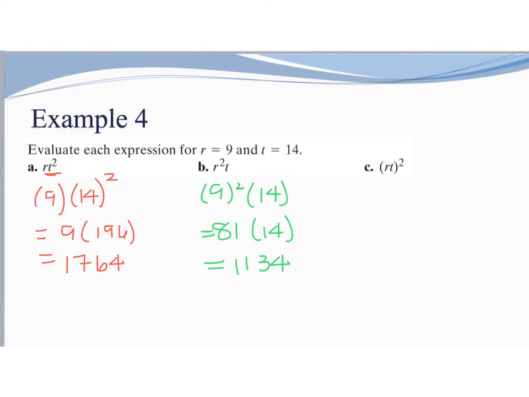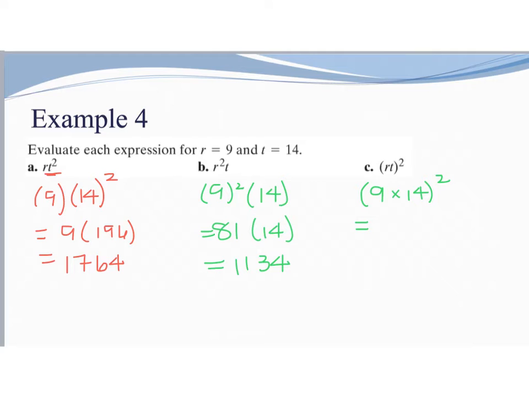1,134. Now for my final part, which is part C, I see that my r and my t are inside of parentheses being multiplied. So I have 9 times 14, and then I'm going to take that answer and I'm going to square it.